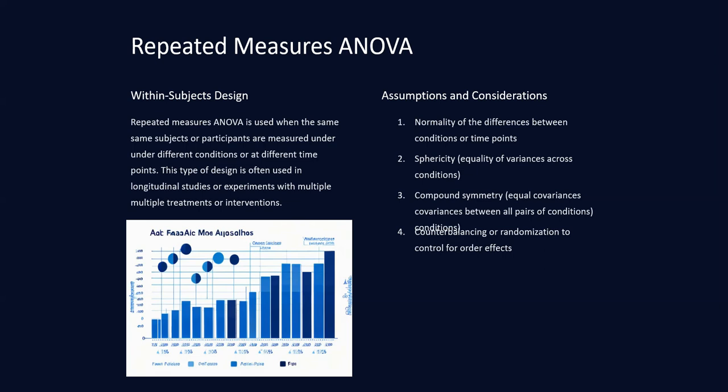Then repeated measures ANOVA, a within-subject design. It is used when the same subjects or participants are measured under different conditions. Suppose you ask some question in the morning and you ask the same question in the evening. Is there any significant difference with the same person, the same subject?